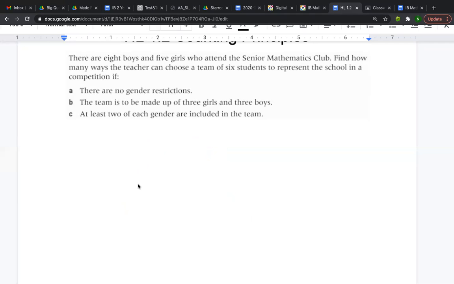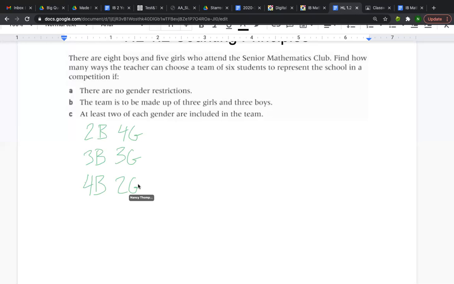But if you have bigger numbers, you need to use the other method. So in this case, if we have 6 people on the team and there has to be at least 2 boys, then we could have 2 boys, meaning there would be 4 girls. We could have 3 boys and 3 girls, or we could have 4 boys and 2 girls.